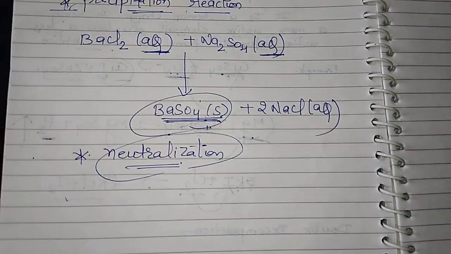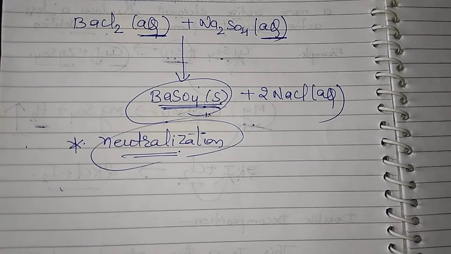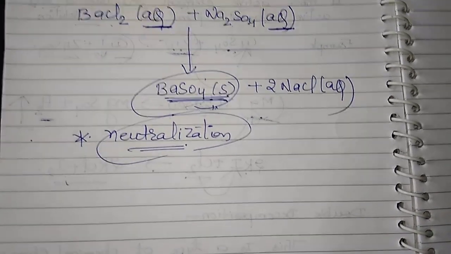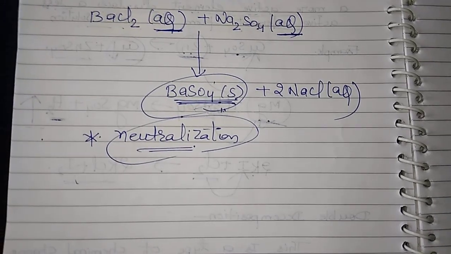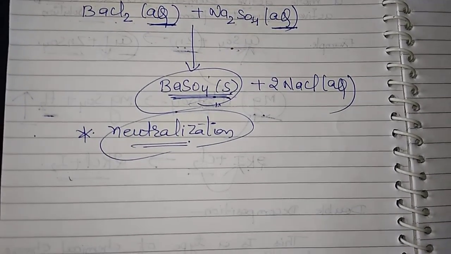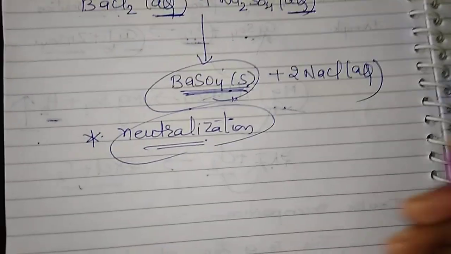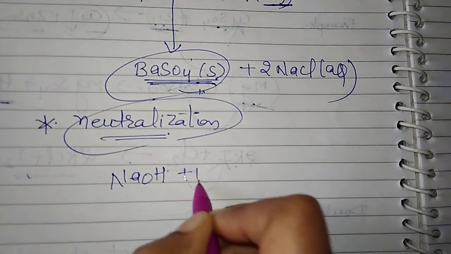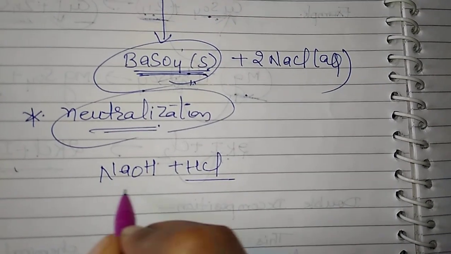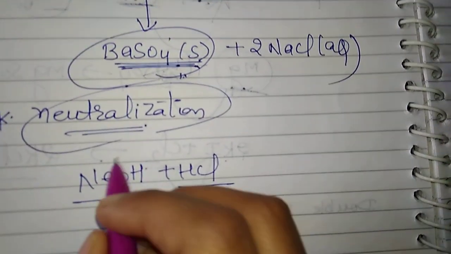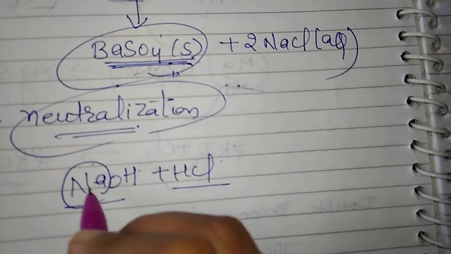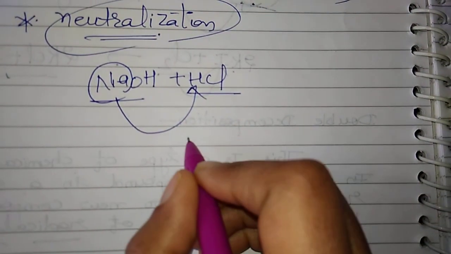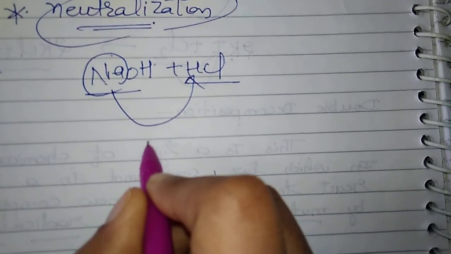Neutralization is a reaction between an acid and a base. A reaction between an acid and a base that forms salt and water only is referred to as a neutralization reaction. For example, NaOH plus HCl. This one is the base, this one is the acid. Now you know that Na is highly reactive compared to hydrogen, so it replaces this hydrogen.